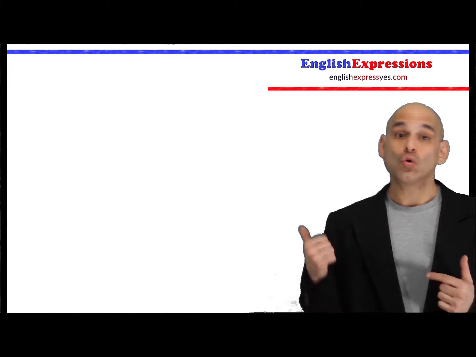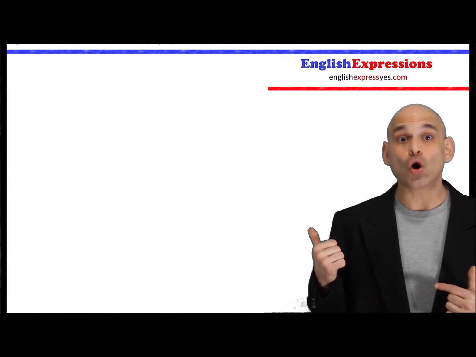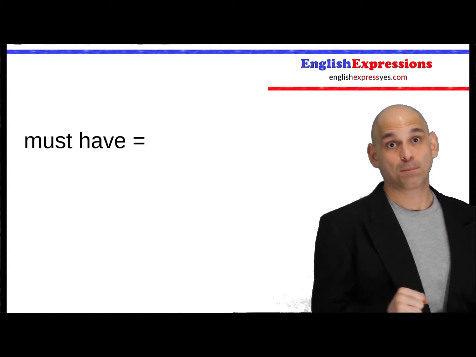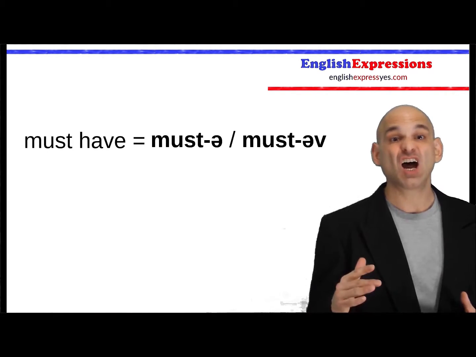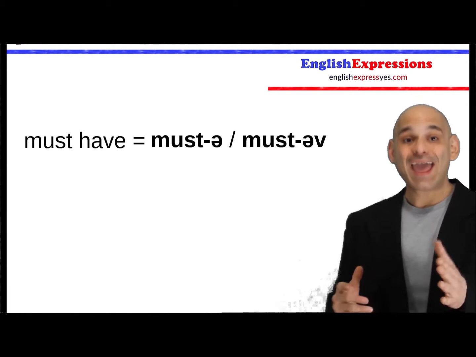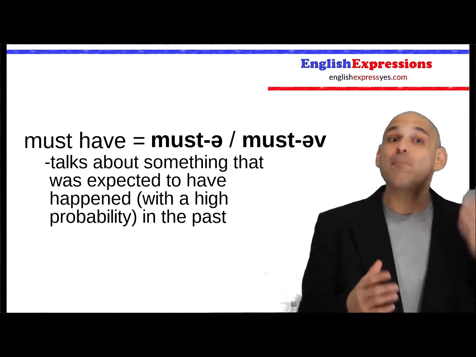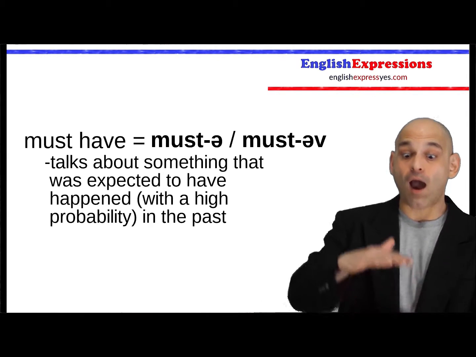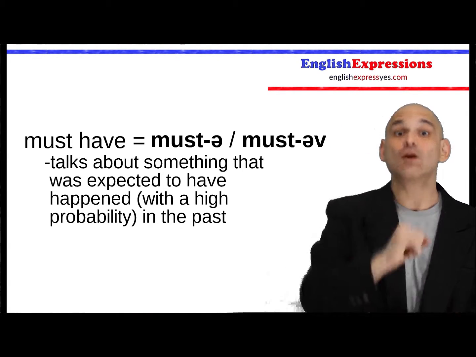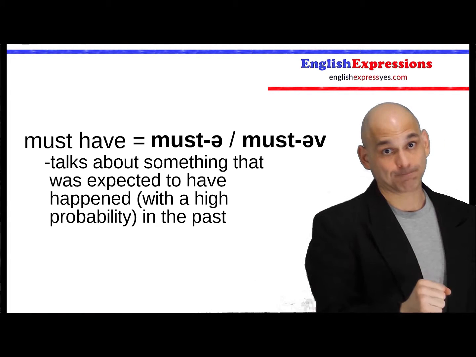And of course, native English speakers also say this for must have. But we say musta or must've. And must have is used to describe things in the past that had a very high probability of happening.